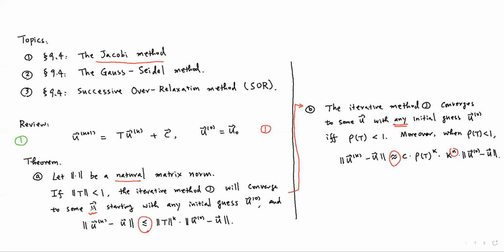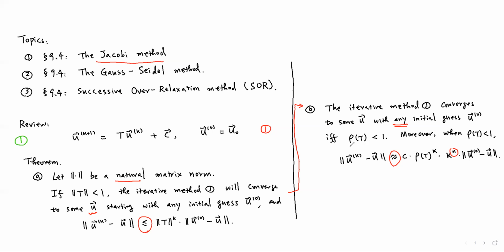Here, I don't say that this U is the solution of the linear system. This theorem gives no guarantee this U is the solution of the linear system. Also, you can compare the spectral radius of the matrix T. If the spectral radius is less than 1, then it is guaranteed to converge.